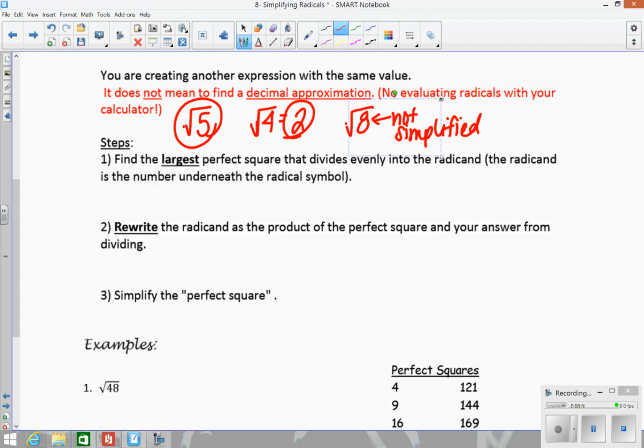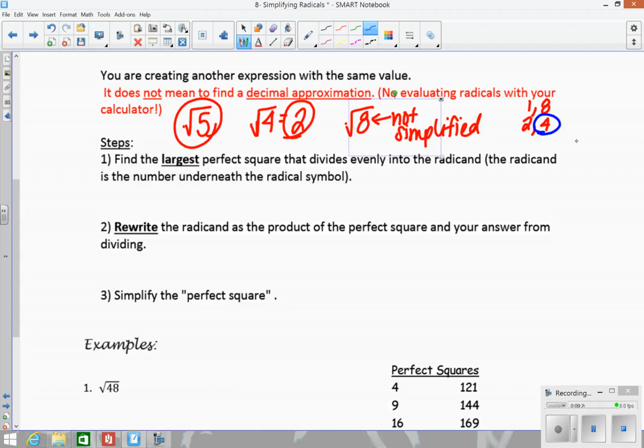For example, if I look at 8, think about the factors of 8. I have 1 and 8, and 2 and 4. One of those factors is a perfect square. So since 8 has a factor that's a perfect square in it, it means it's not simplified, because I can break it down into its perfect square times its non-perfect square, and it'll allow me to simplify.